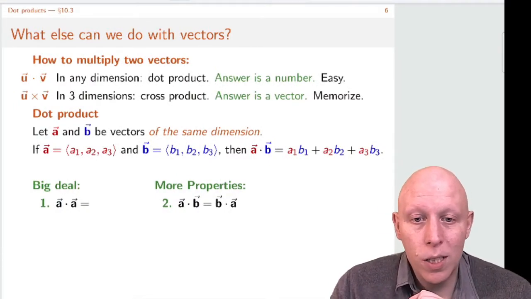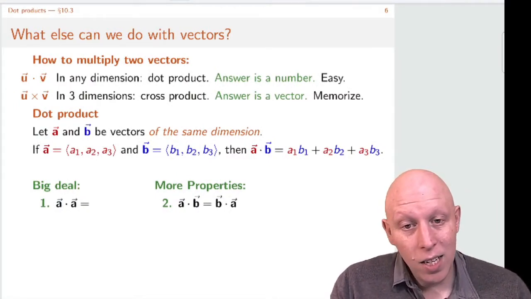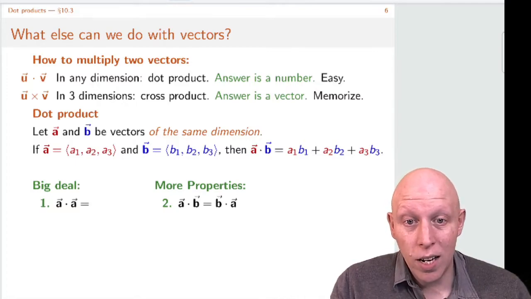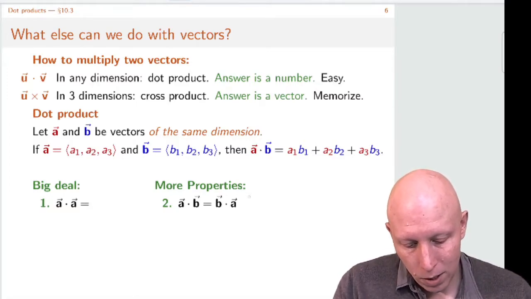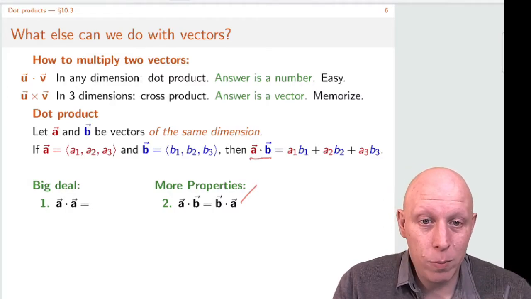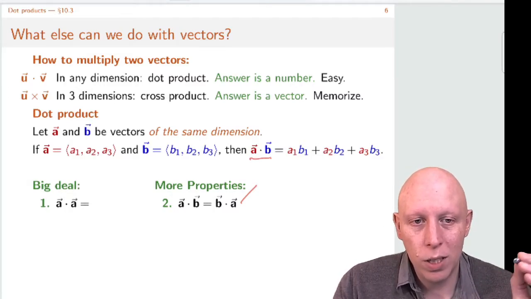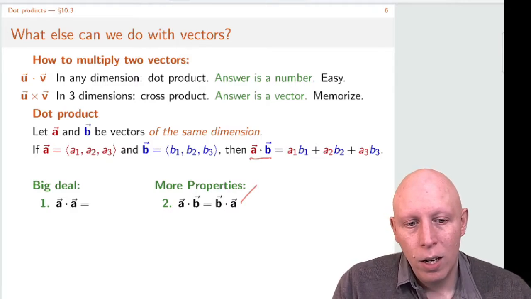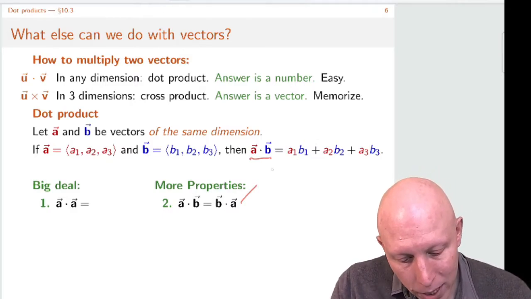Some more properties that are useful. A dot B is equal to B dot A. How would we prove that? Well, A dot B, we said, was A1 B1 plus A2 B2 plus A3 B3. What would B dot A be?